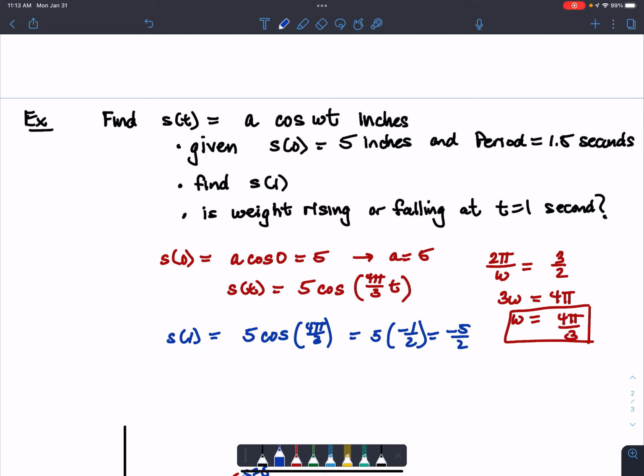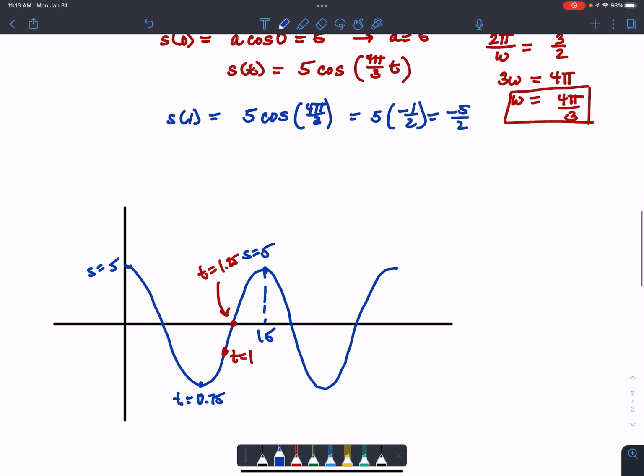Well, that's going to be best answered by looking at the graph of the harmonic motion. So I do have a picture here with some things labeled. The period, as we said before, was 1.5 seconds, which is right here. And kind of just gauging where 1 second is. Well, we know that halfway between the maximum points, we have a minimum point. So we know that the minimum occurs when t equals 0.75, halfway between 0 and 1.5.